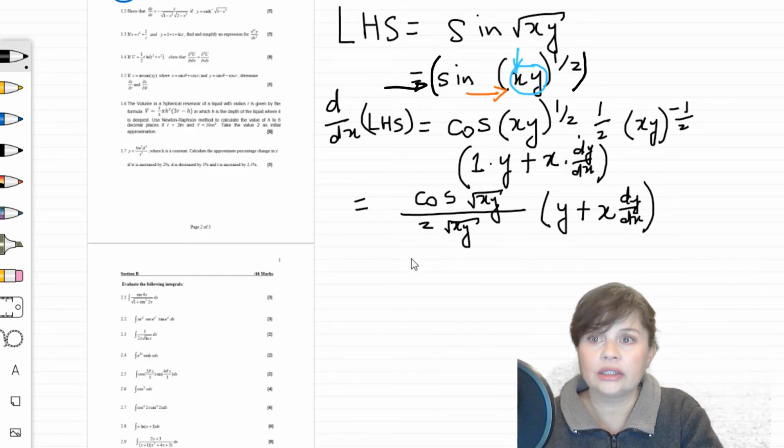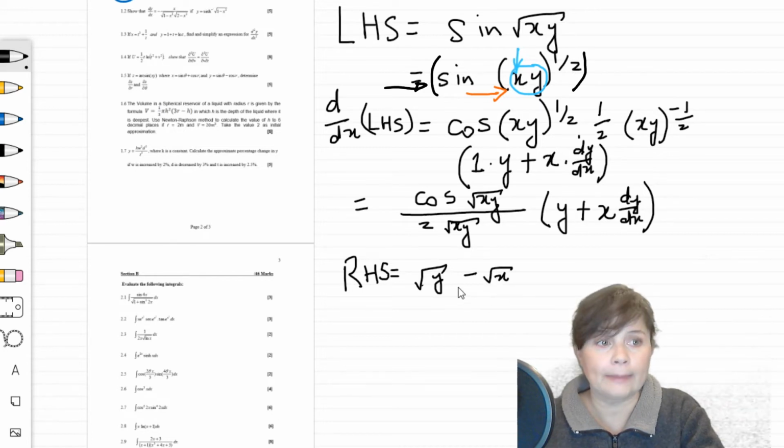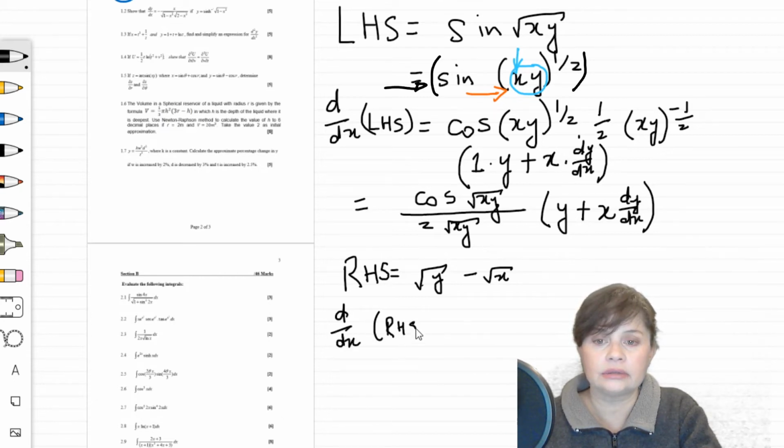So now let's look at the derivative of our right-hand side. Our right-hand side is equal to square root of y minus square root of x. If we now take the derivative with respect to x of that right-hand side, before I do that, I'm going to change these square roots into powers using exponent rules.